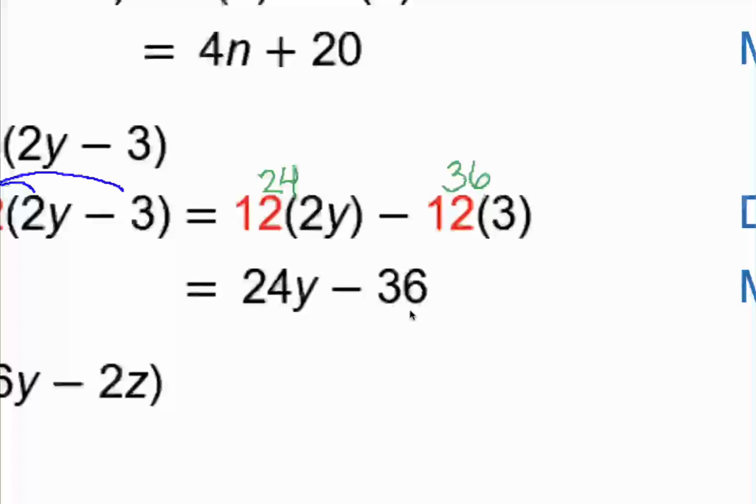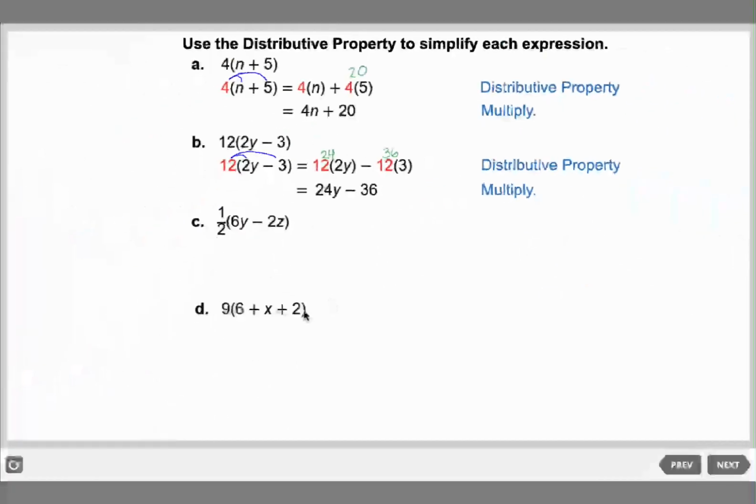It's about the term itself. The first term here has the variable y. In the second term, we don't have y. So the second term, 36, is a constant, and 24y is not a constant because we have variable y. So you cannot subtract. And this will be the simplest form for this expression.